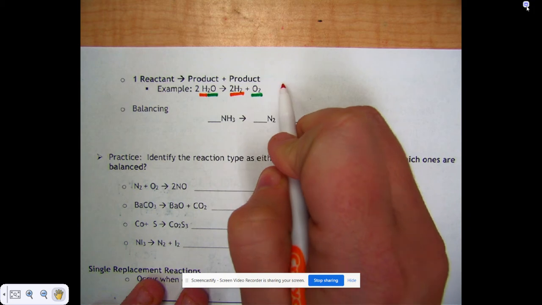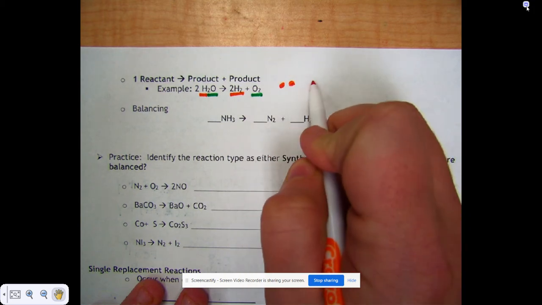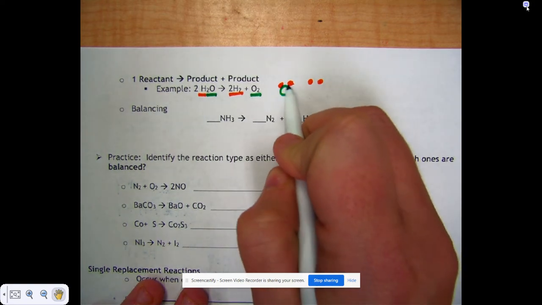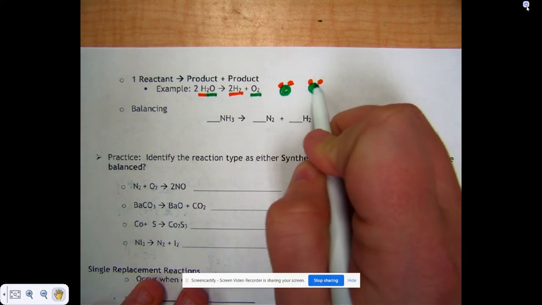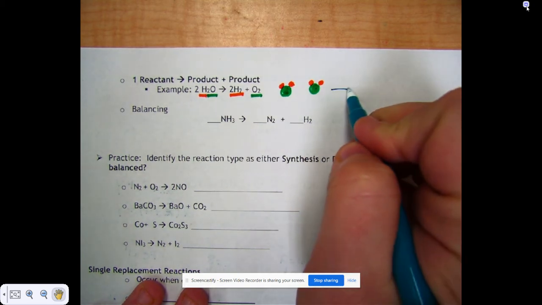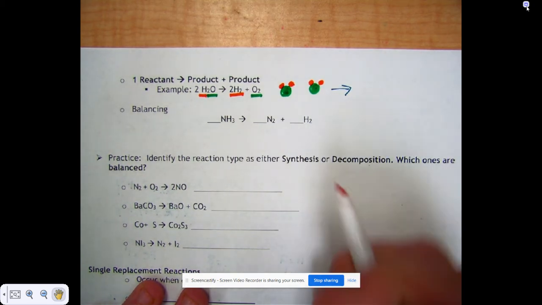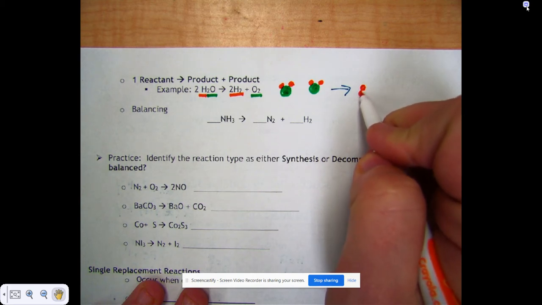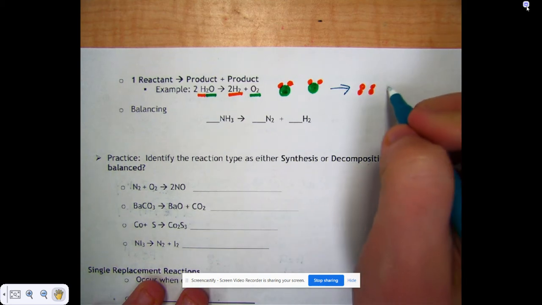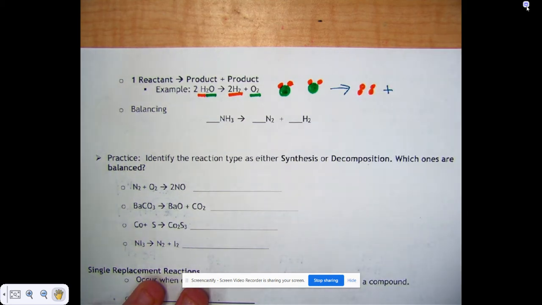So I have H2O, but I have 2 of them, and there are 2 that are not combined. H2O. And that's going to give me 2H2 plus O2.